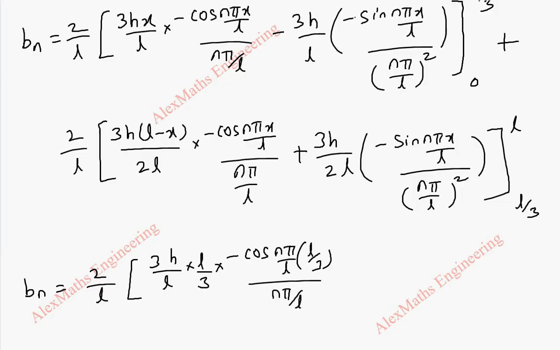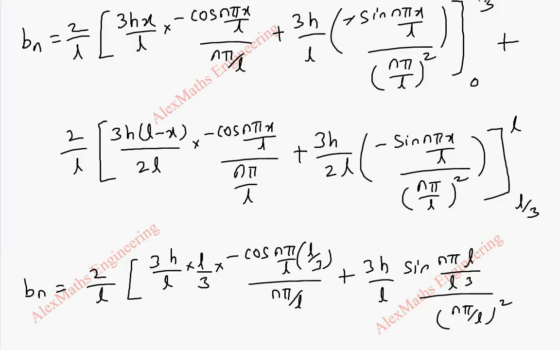Second term, this minus I can make it as plus. So plus 3h by L into sine n pi L by 3 and we have another L. Then n pi by L whole square.